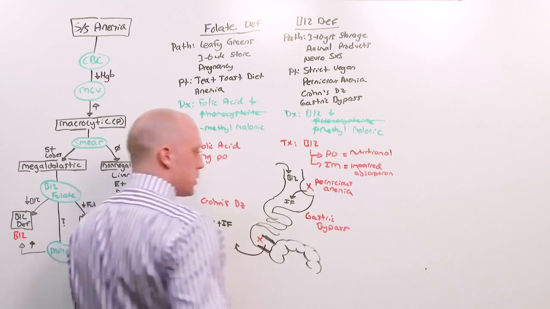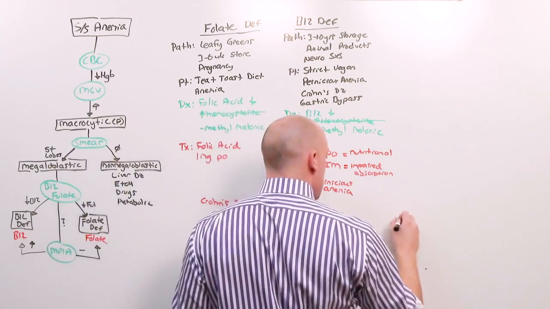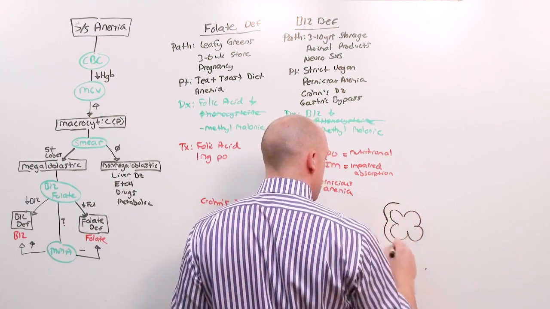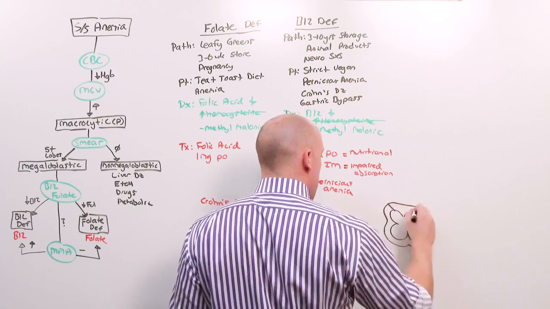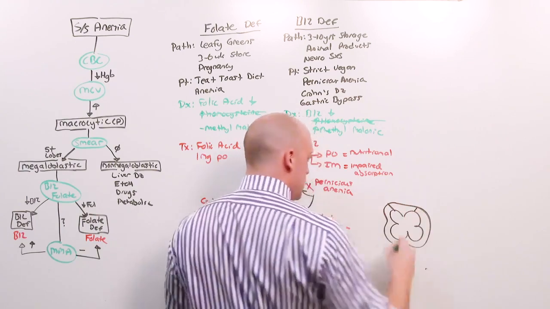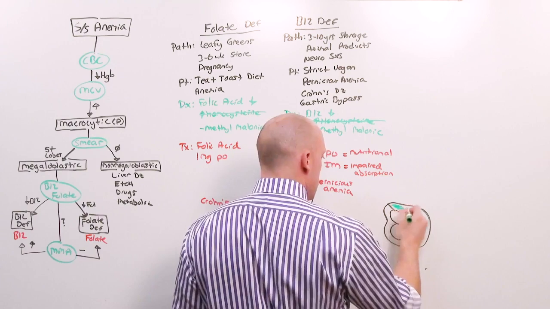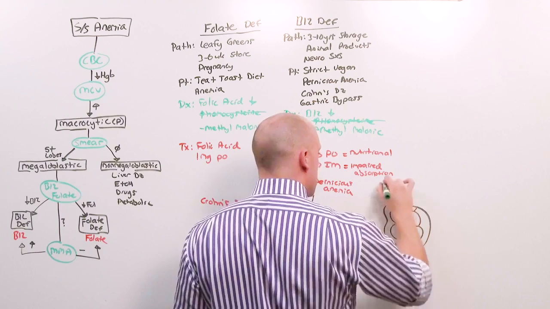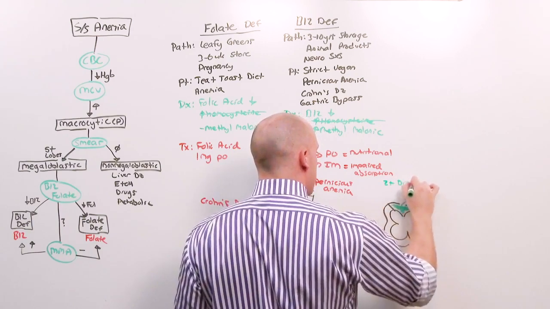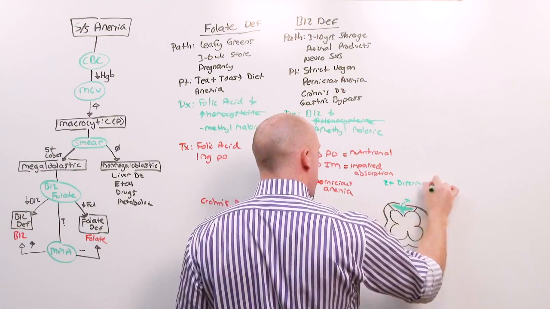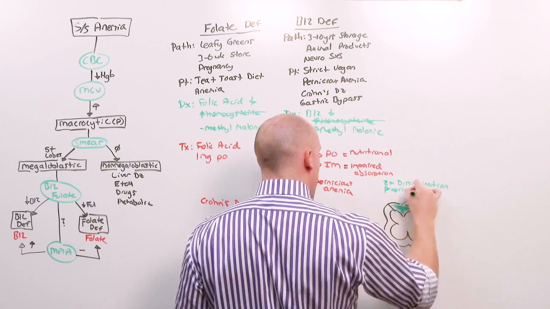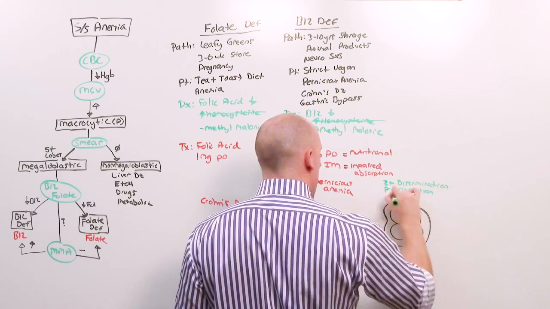Now we care about this so much because of the neurosymptoms. This is a spinal cord. If you remember, the DCMLS, the dorsal column medial lemniscus system, is up here. This is responsible for 2-point discrimination, proprioception, and vibratory sense.